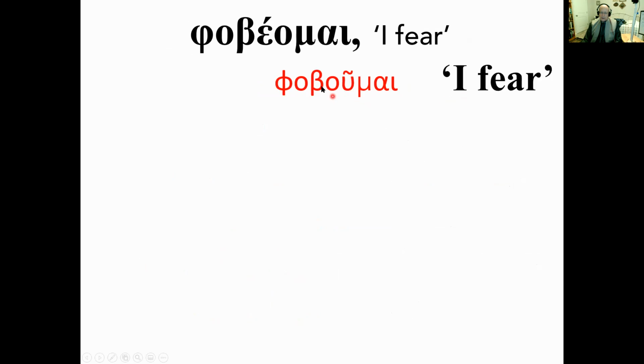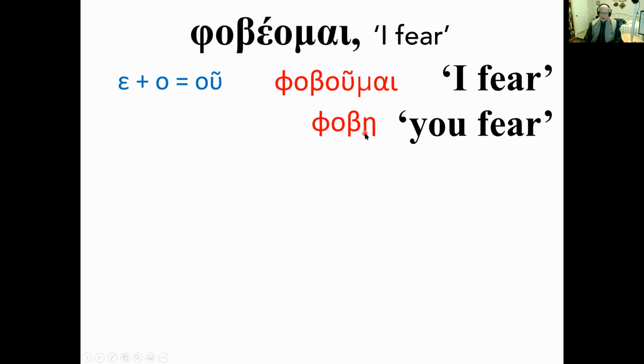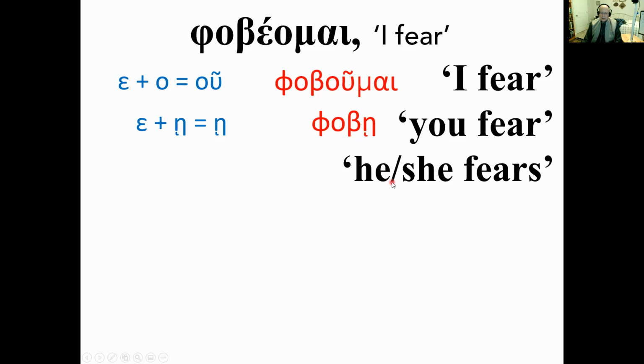Notice what happens with phobeomai. Because we have an epsilon here, we have a contraction. It becomes phobumai, I fear. You fear, phobe. There's no change. He, she, it fears. Epsilon becomes, and there's a contraction here, phobetai.